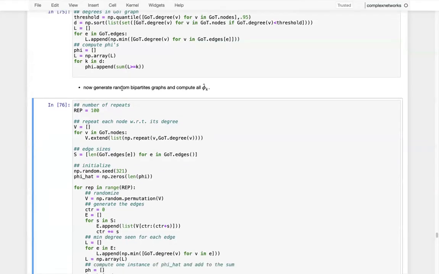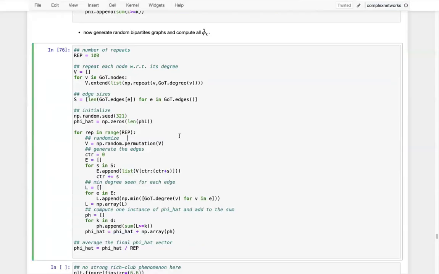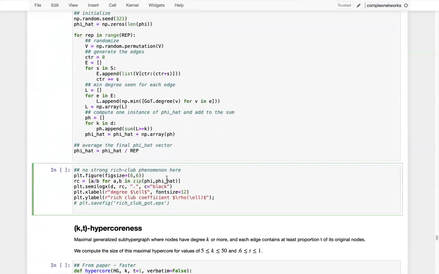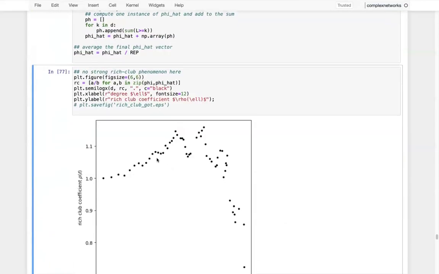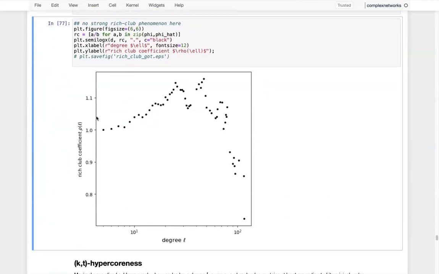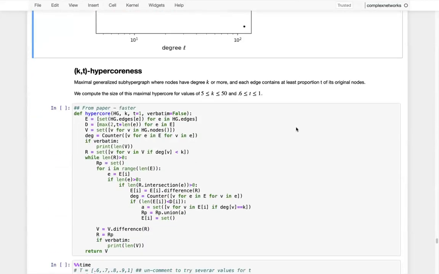So we're generating random bipartite graphs and computing this way the denominator to obtain our Rich Club plot, which is not much above 1 here. So remember, in the case where we really had a Rich Club phenomenon, there was a huge bump, well above 1, but we don't seem to have any of that effect, or nothing strong really, with respect to this data set.